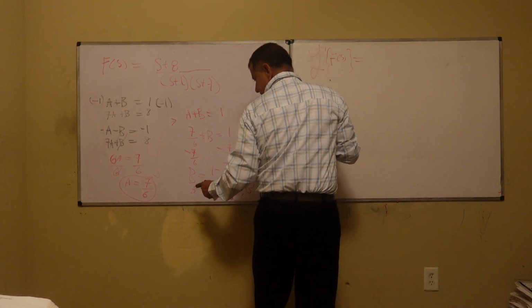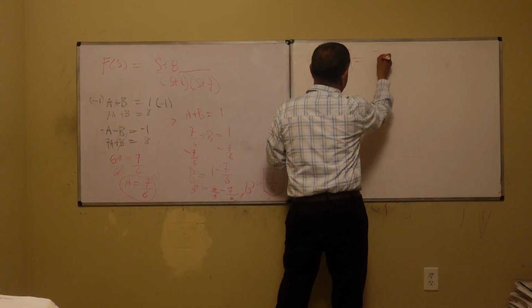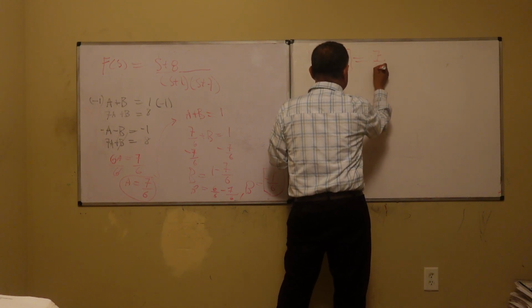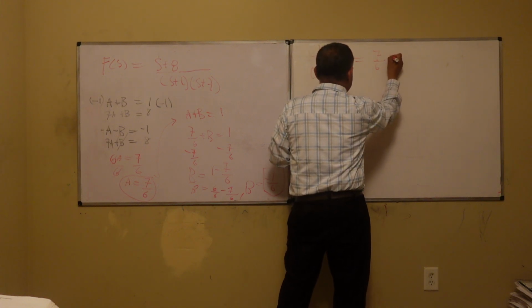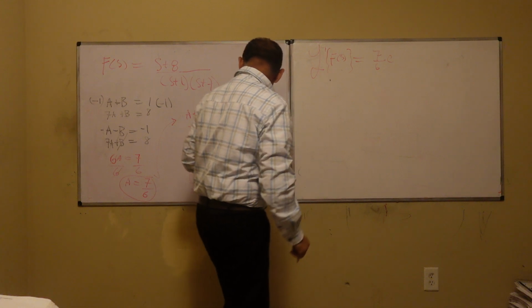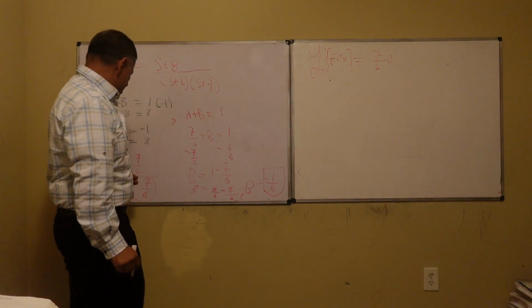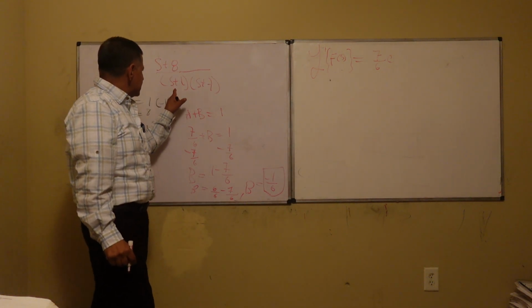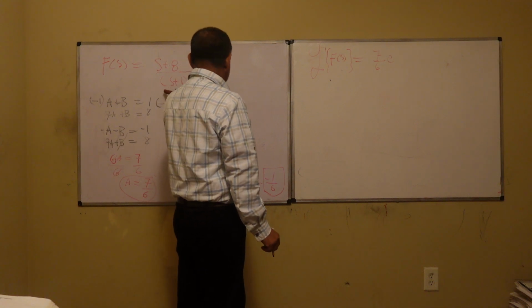So A was 7 over 6, right? And then E. What is my E? It's going to be the one that corresponds to this.